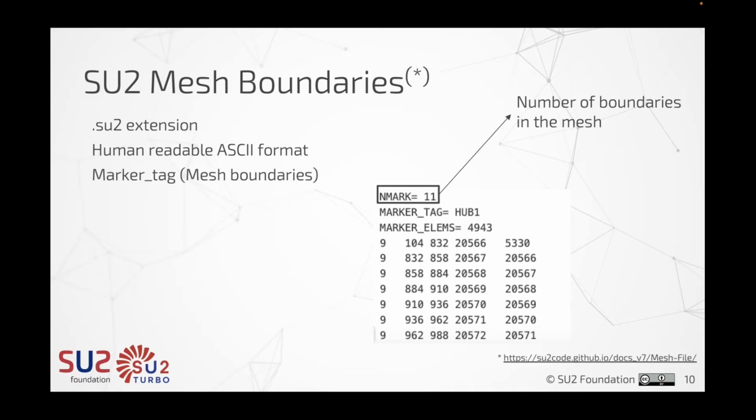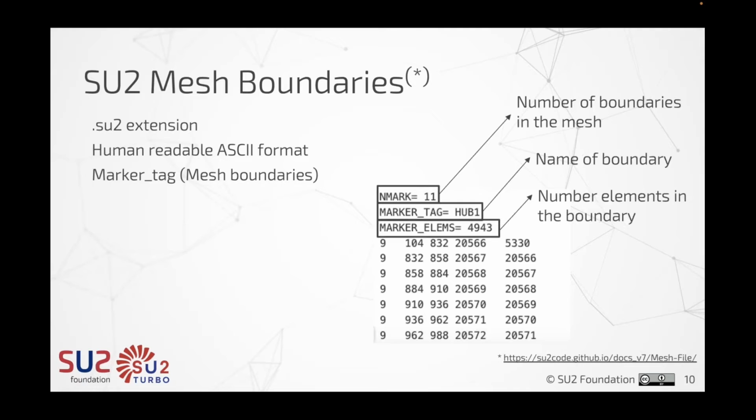And then we will have as many other sections as the number specified here, starting with this marker tag, which basically is just a way to say this boundary is called, as it's written here, like hub1, followed by the number of elements which define the boundary, and all the list of the elements defining the boundary, and some information about the kind of element that we're using.